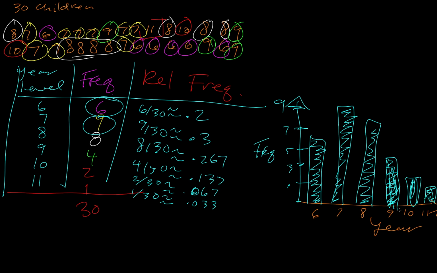Okay, so our graph should look a little bit like that. Obviously the book draws it a little bit better than I do. Okay, part C. What is the modal year level of the children?